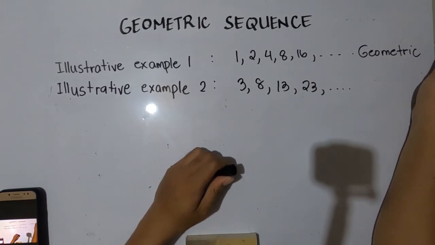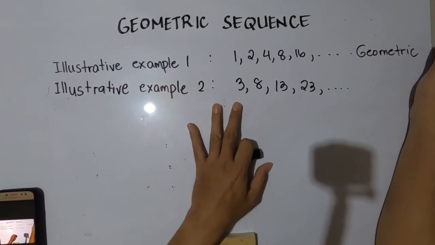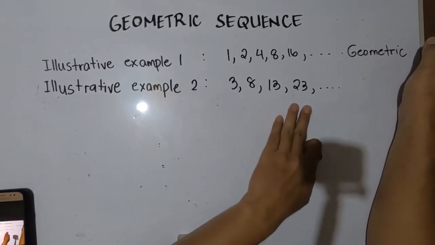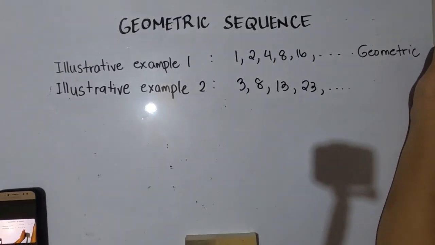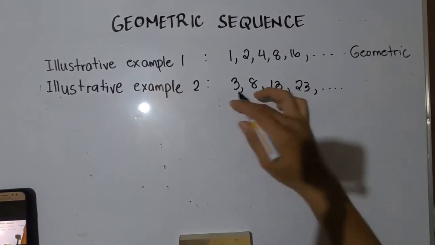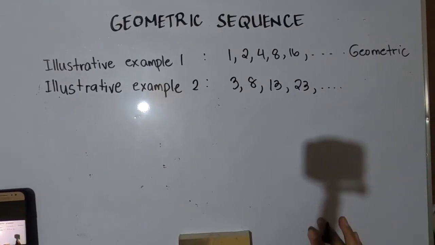Let's try to consider another example. Example number 2, the given sequence is 3, 8, 13, 23, and so on. We will determine if this sequence demonstrates a geometric sequence.